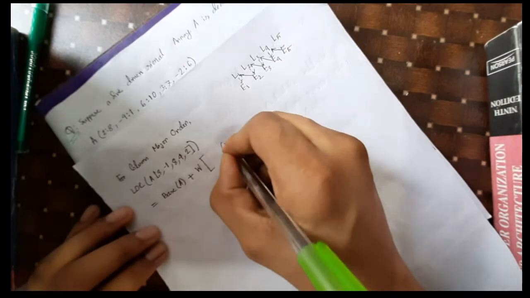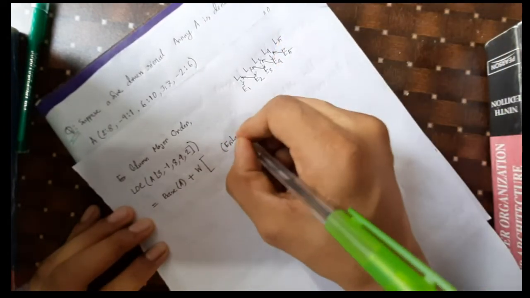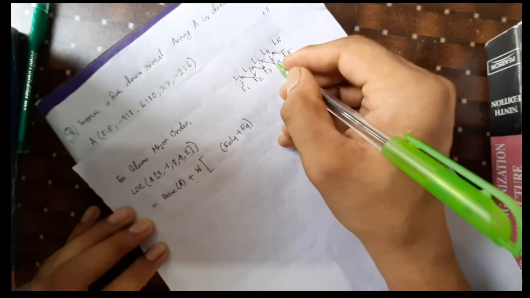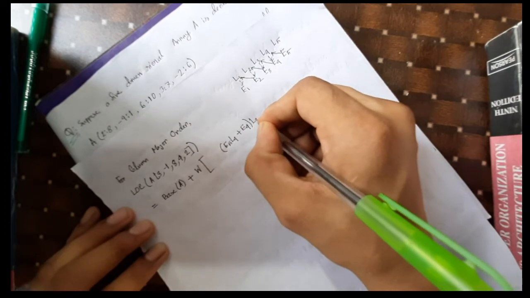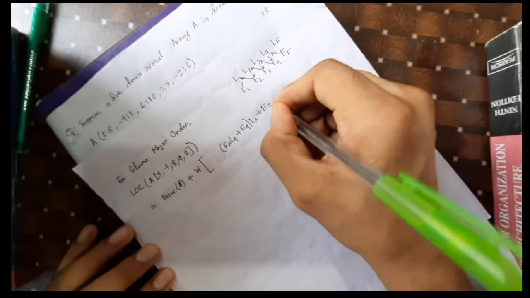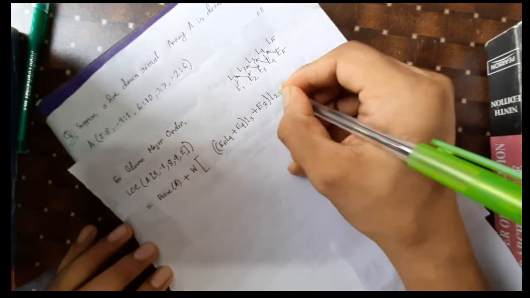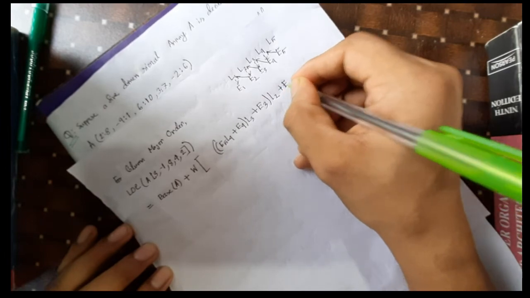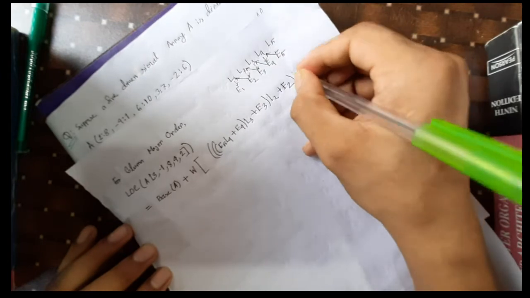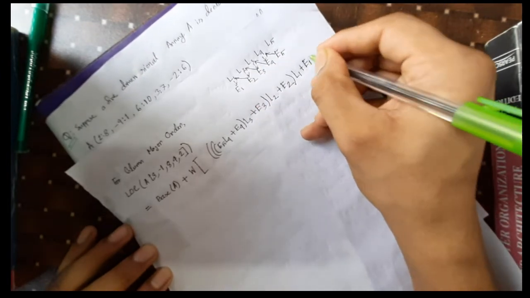Let's begin: E5 times L4, then add E4, then multiply L3, then add E3, then multiply L2, add E2, multiply L1, then add just E1.